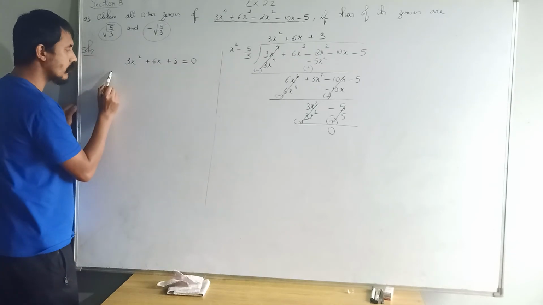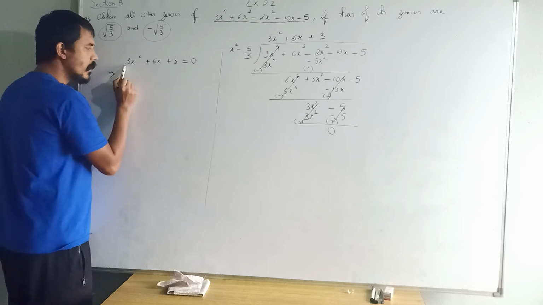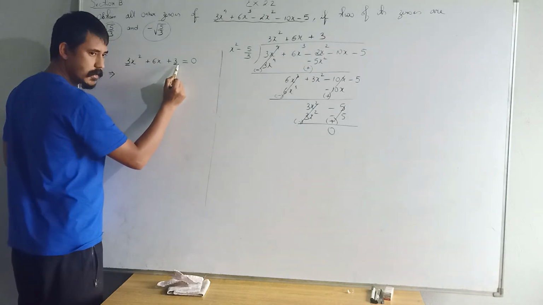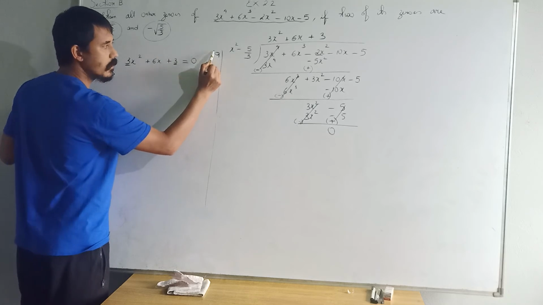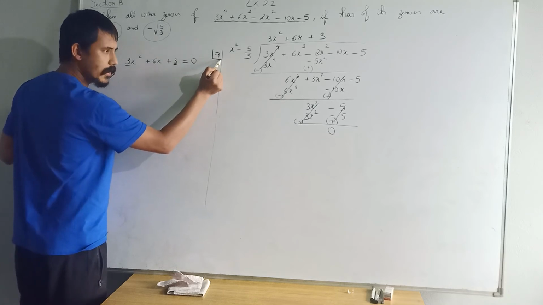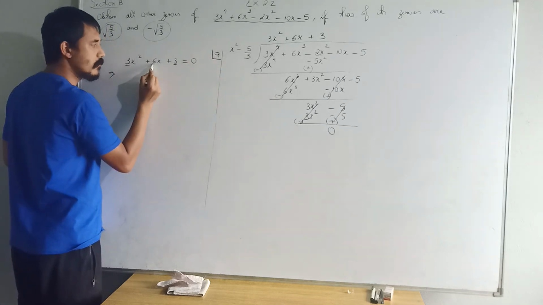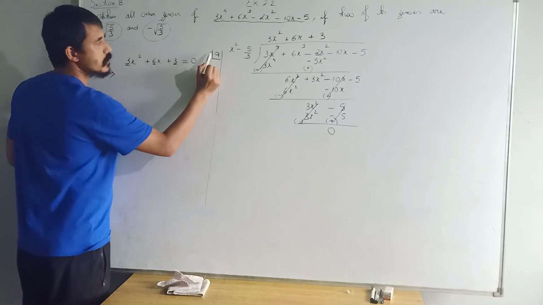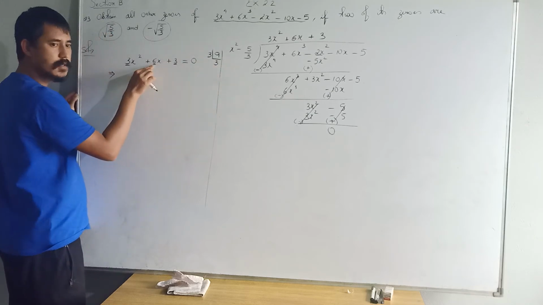There is a process of splitting the middle term. Always multiply the coefficient of x squared and the constant term. 3 times 3 gives you 9. Now you factorize 9 into two numbers, whose sum or difference should give you the middle term 6. Right? Now, so here 3 times 3 is 9. 3 plus 3 gives you 6.